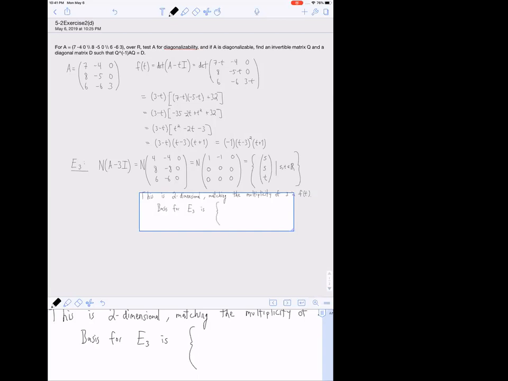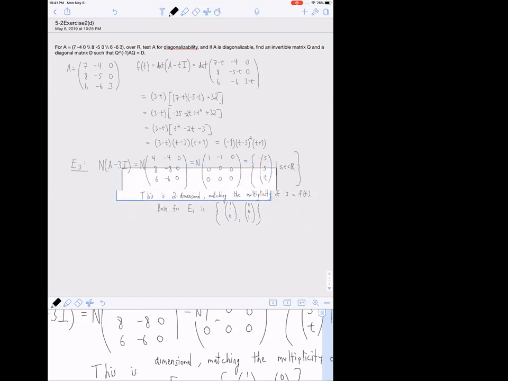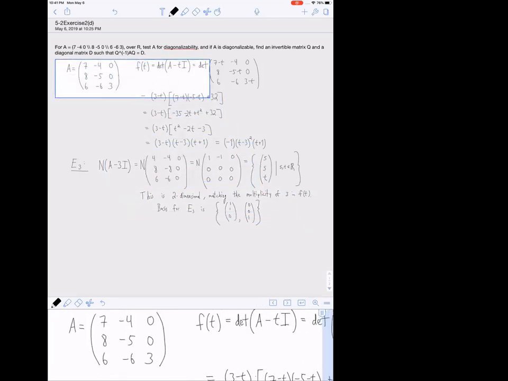Well, s could be 1 and t could be 0, or s could be 0 and t could be 1, and those are nice vectors. You can check, in fact, that these are certainly linearly independent and you could check easily that they are in fact eigenvectors for the matrix A with eigenvalue 3.